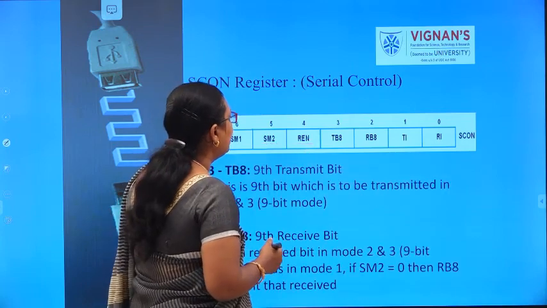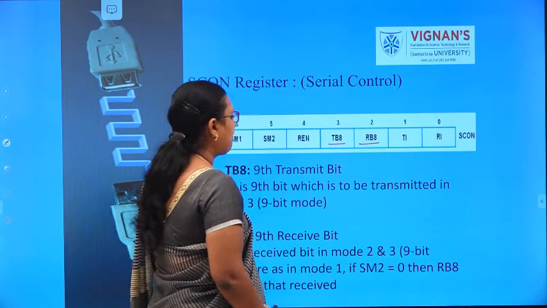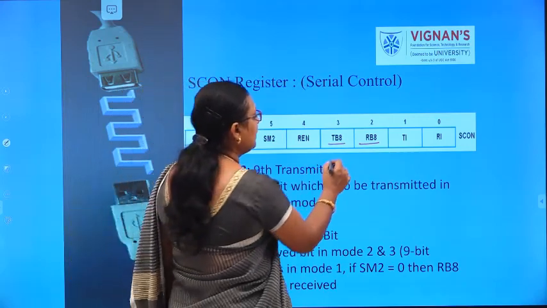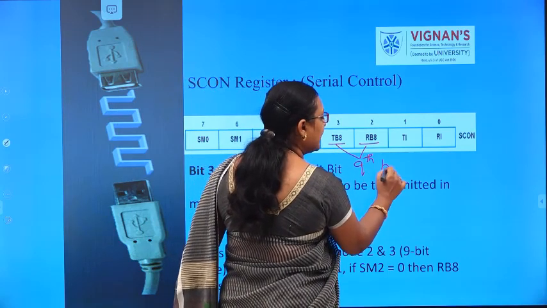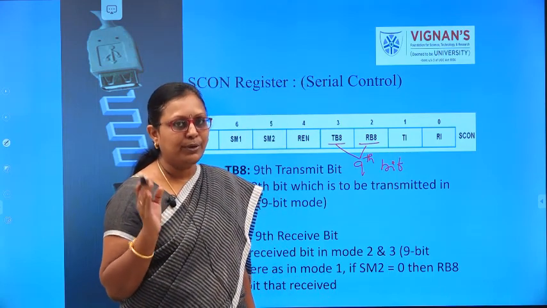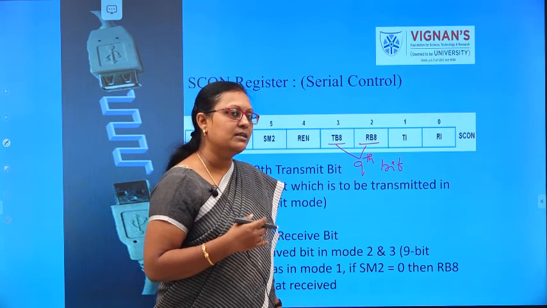Then coming to the bits TB8 and RB8. These are the 9th bit of transmission. Generally your UART can transmit up to 9 bits, right? When is this used?